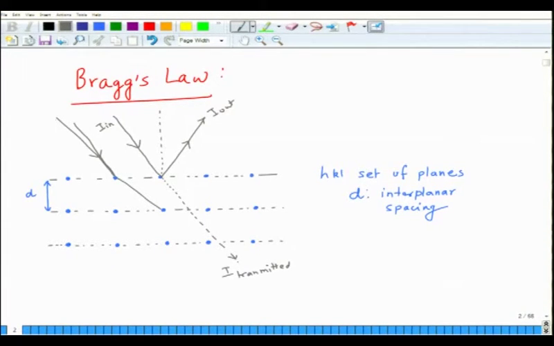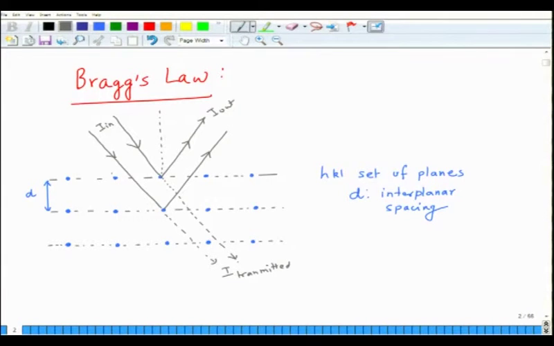So, I have to draw this in this fashion so that it comes in. So, you have a parallel beam which comes like this, and then this also gets transmitted in this fashion, and this goes through the lattice in this form.